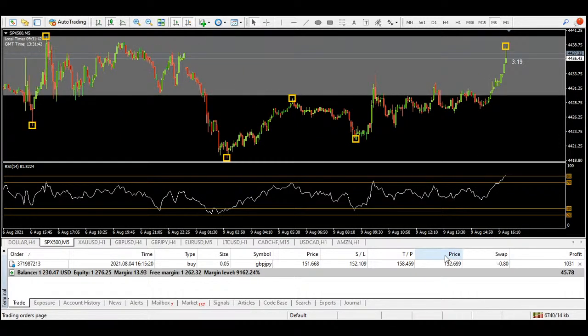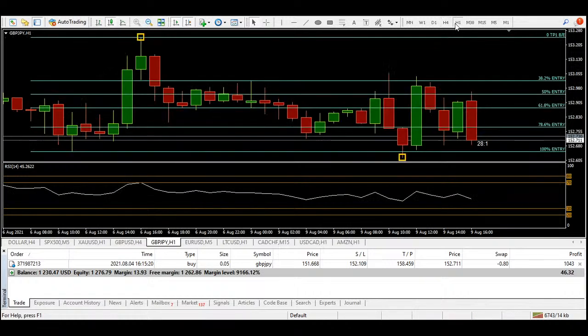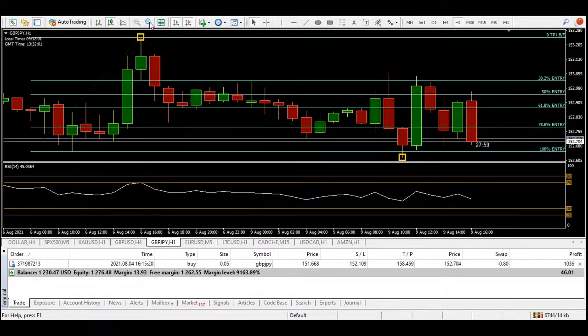We're gonna bring it out. GJs, take a look at my trade. Ooh, coming down. It's coming down. We got this 4 hour right here. This one.